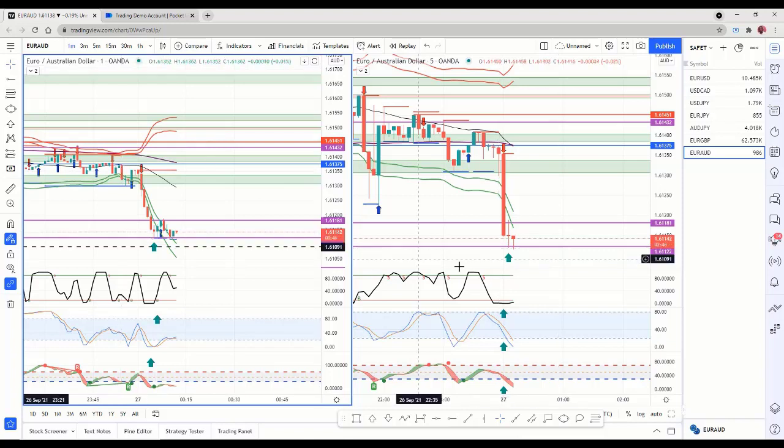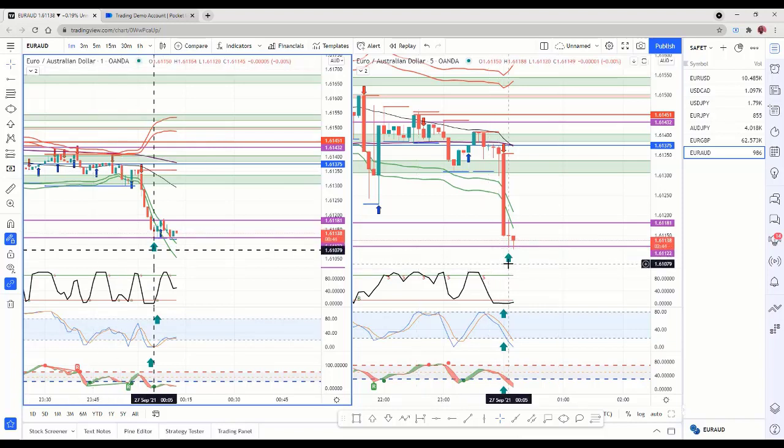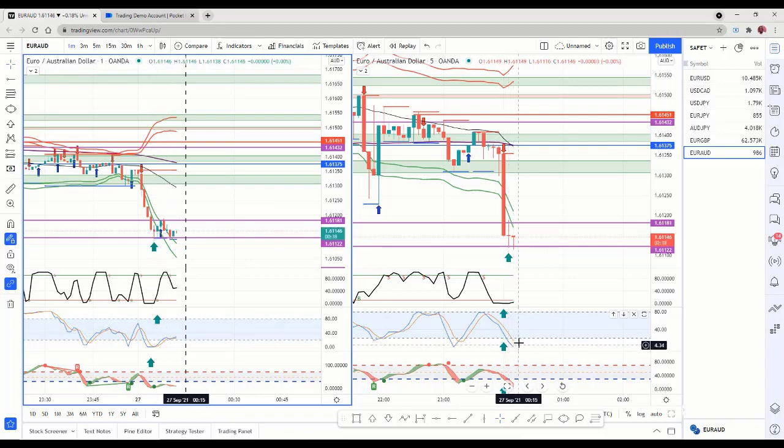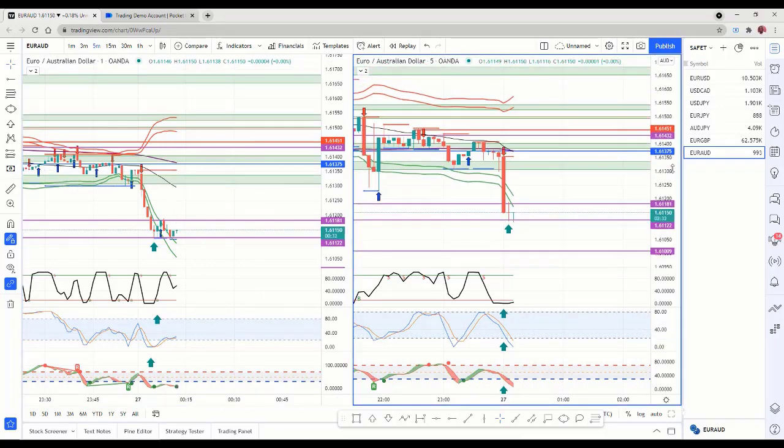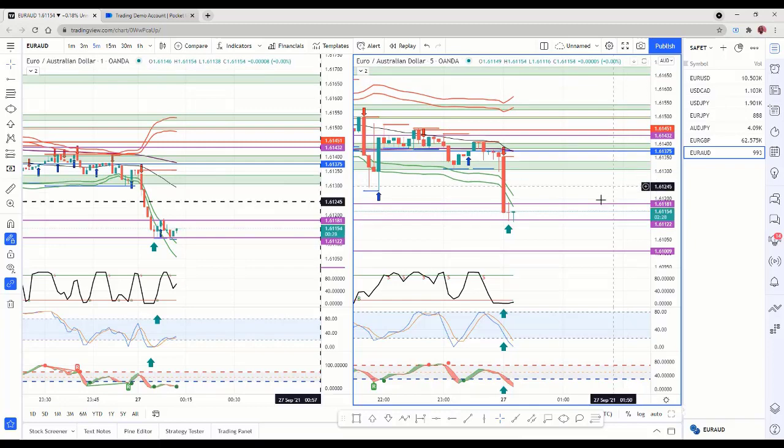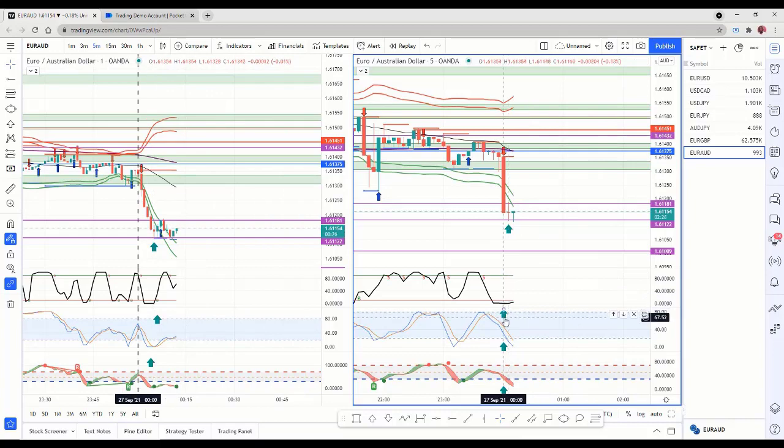Be safe. Now you will see how this market will move when the 5 minutes crosses for a buy. The market moves with speed if 5 minutes is buying and 1 minute is buying.